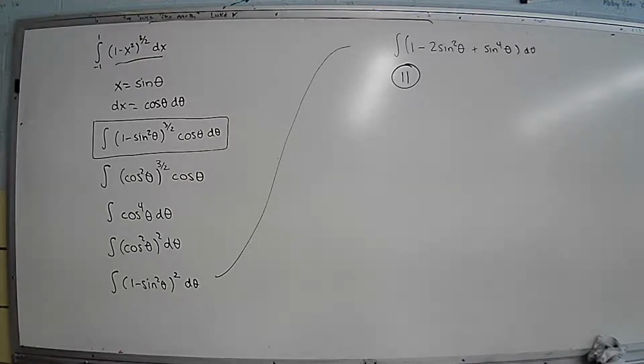If that was a rule, it would be a rule all the time. So according to Annie's rule, I know the antiderivative of x squared is x cubed over 3, right? So I can just square that, and I'll get x to the 6 over 9. That's not the same thing as the antiderivative of x to the 4.